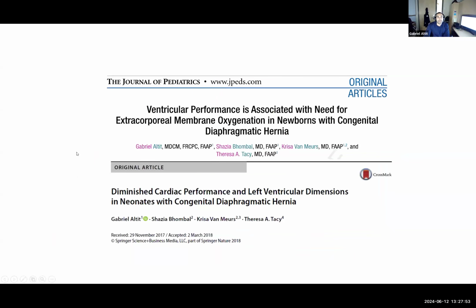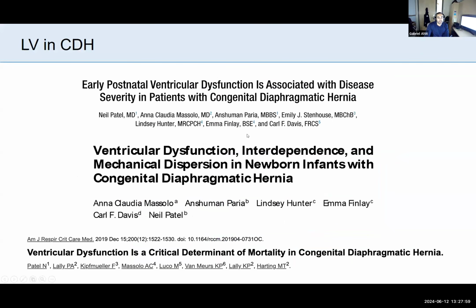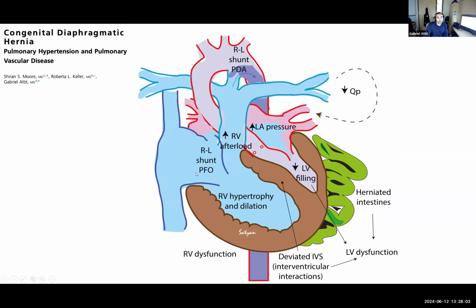So many papers have now outlined the contribution of LV dysfunction in cohorts in America, as well as in cohorts in Europe. And so I think this graph outlines how there's a component of decreased left ventricular filling, but also sometimes even inherent smaller size of the LV, which may eventually impact the pulmonary circulation and the systemic circulation.